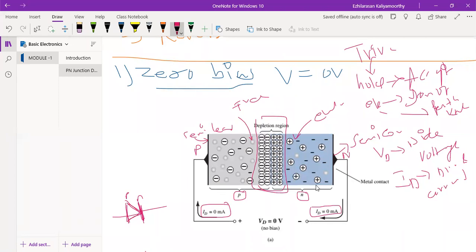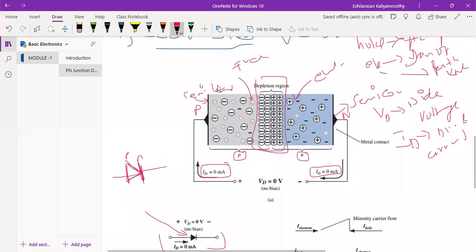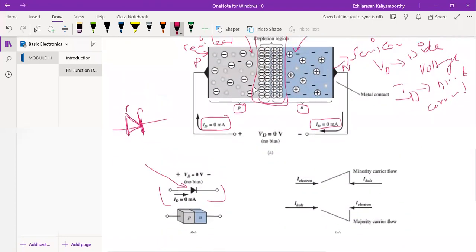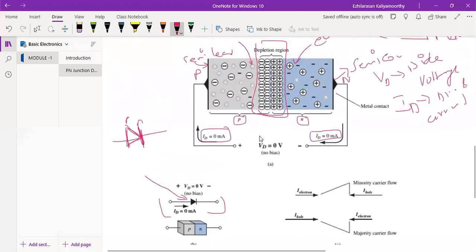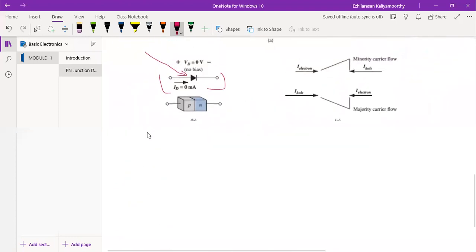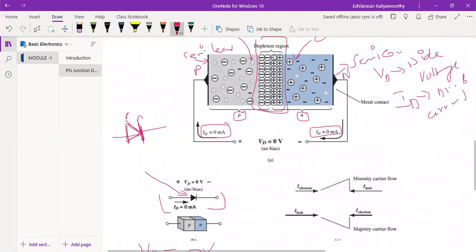As already said, we covered the symbols. This is about the zero bias. I hope you have got it. In zero bias, nothing is connected, so the diode voltage is equal to 0 volt, then the drain voltage will be 0. So it will form a depletion region already.